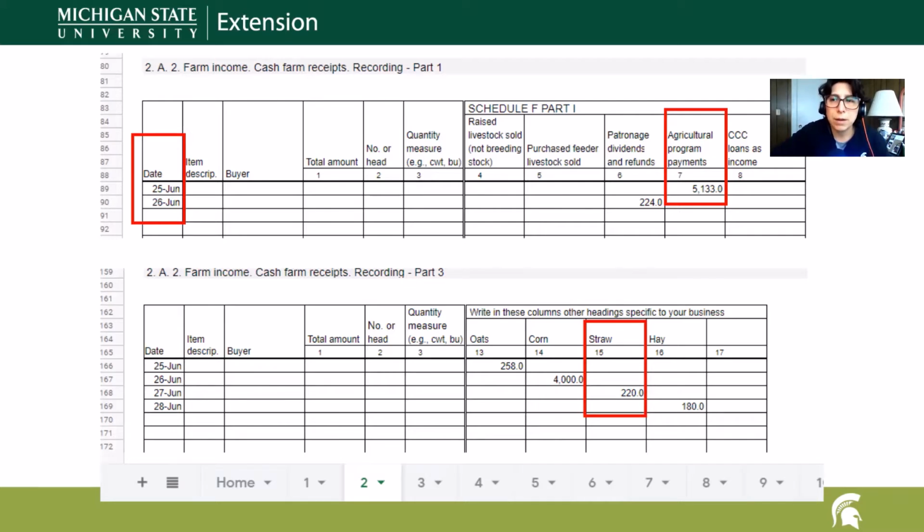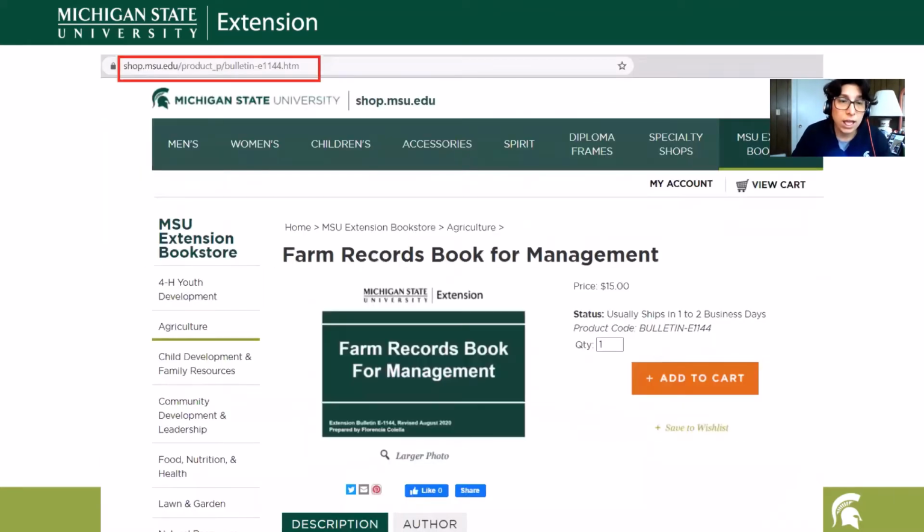The great thing about the Farm Records Book is that it walks you through the collection of accounting records, balance sheet records, production records, and so forth. This meeting is about balance sheets, so we're going to focus on that, but I just wanted to show you this. The Farm Records Book is also available on paper, so you can buy it online from the MSU Extension bookstore.